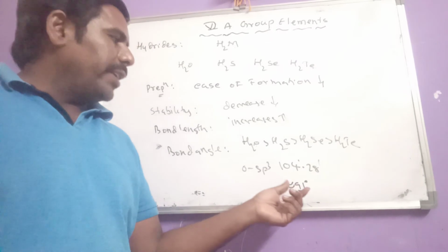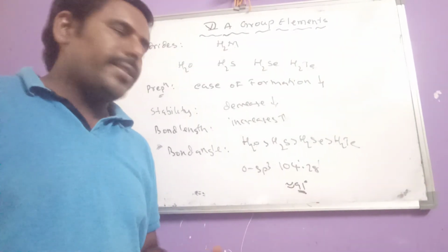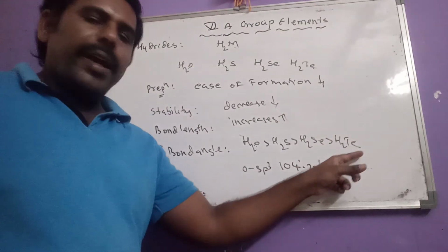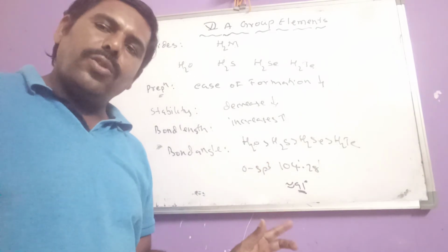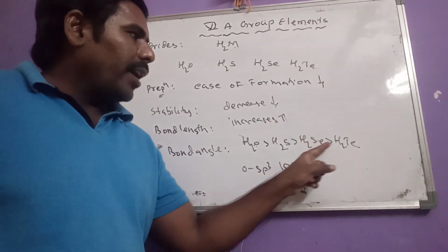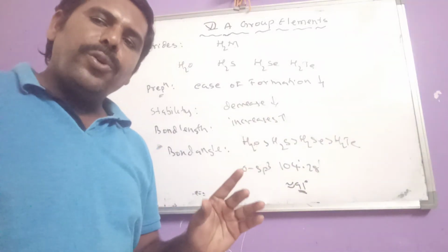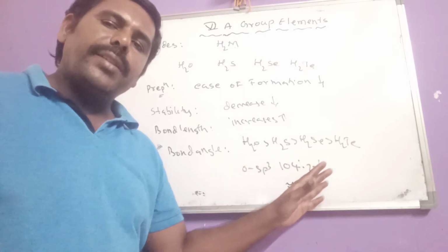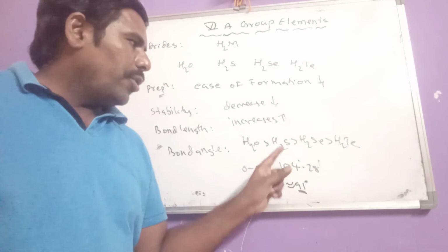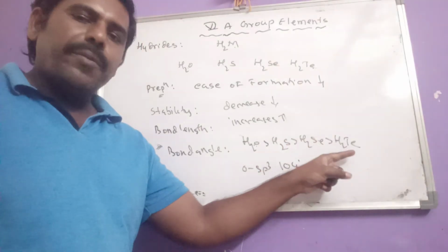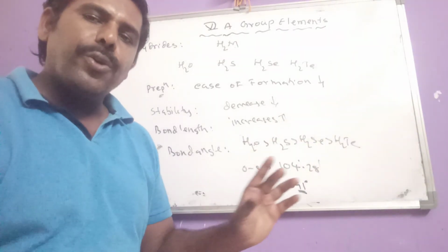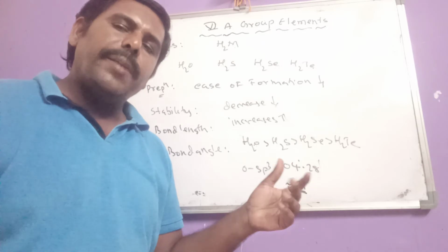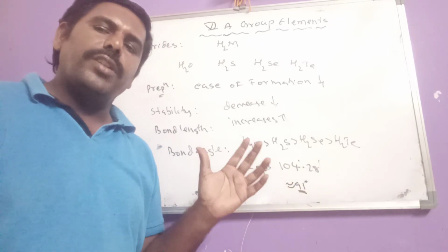What is the reason for this bond angle? In the remaining hydrides of chalcogens, the central atom uses pure p orbitals for bonding, with no sp3 hybridization. So sulfur, selenium, tellurium use pure p orbitals for bond formation with hydrogen atoms.